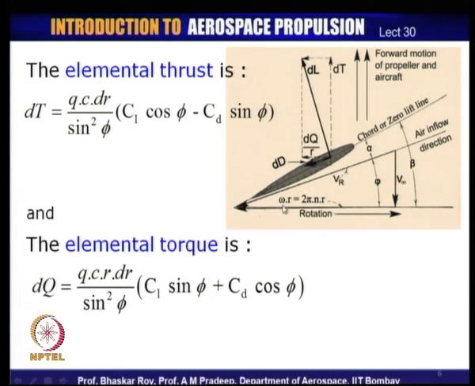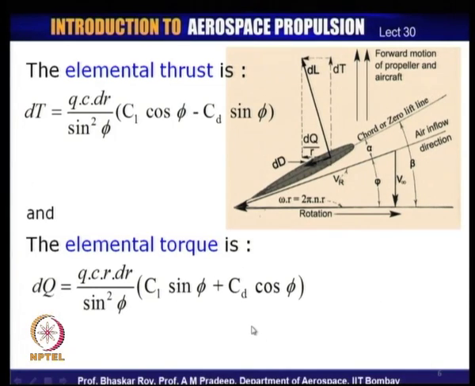Correspondingly, the elemental torque can be written down again in terms of dynamic head q, the chord c, r, of course, the length of the element from the axis, dr, the elemental length of the particular element, and phi, the flow angle. CL and CD are the characteristics of the aerofoil being deployed at that particular section.